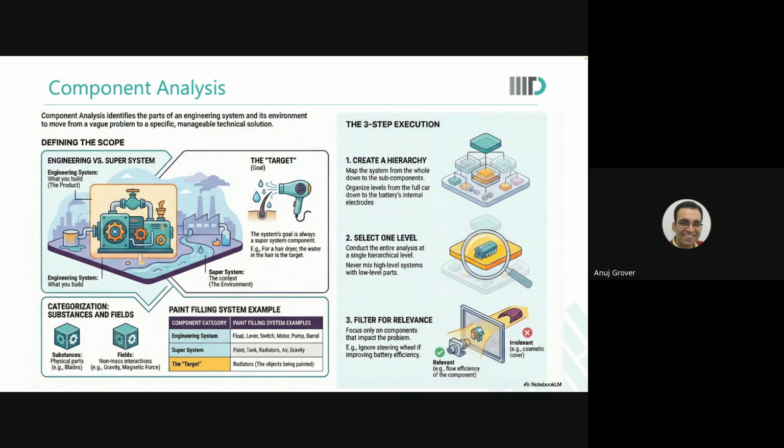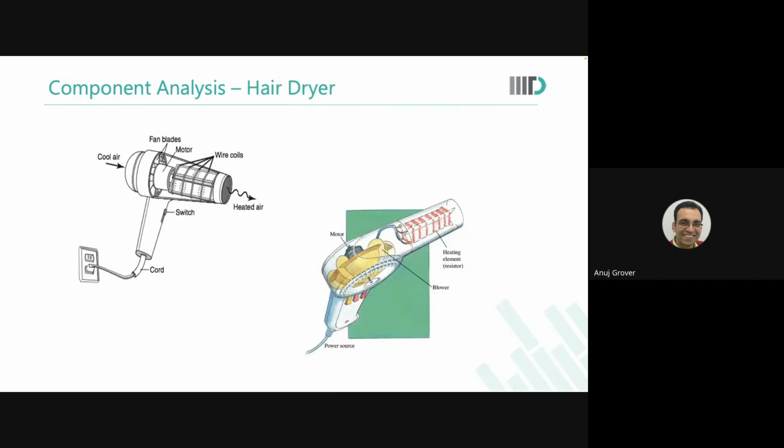Shall we take one more example of component analysis now? Let's say there is a hair dryer. So this is how it looks. I want you to do a component analysis of this hair dryer. Quickly, do it. So in component analysis, first thing you do is list down all the components.